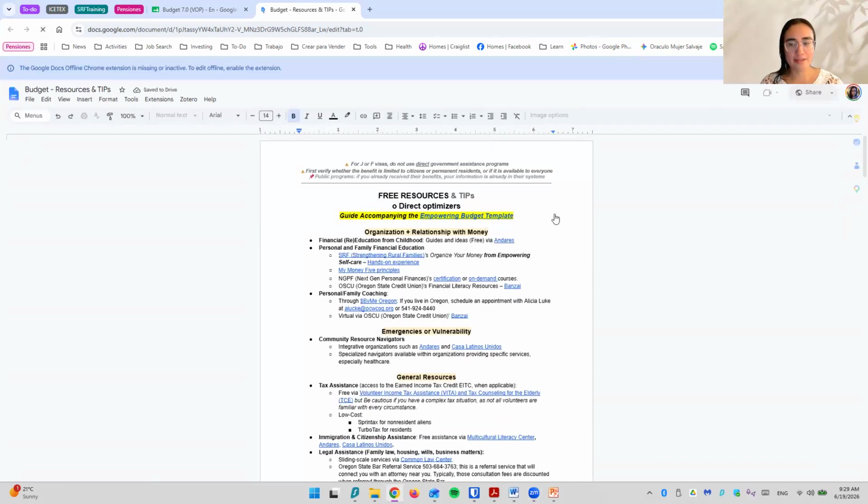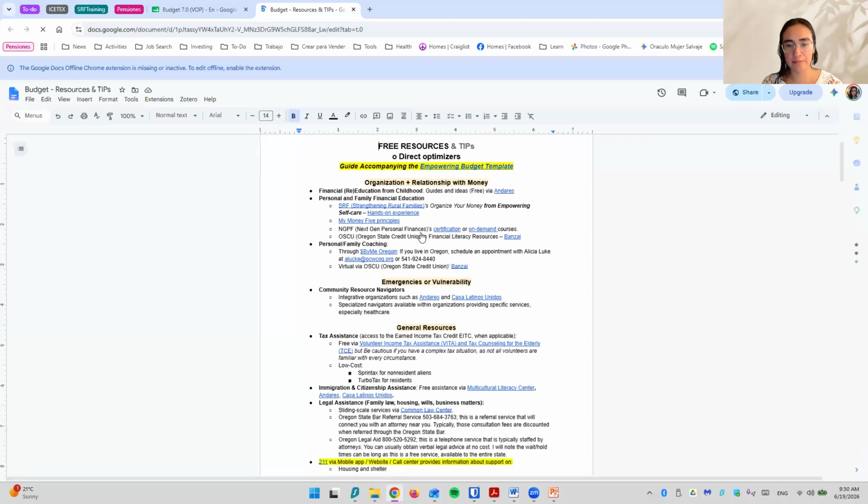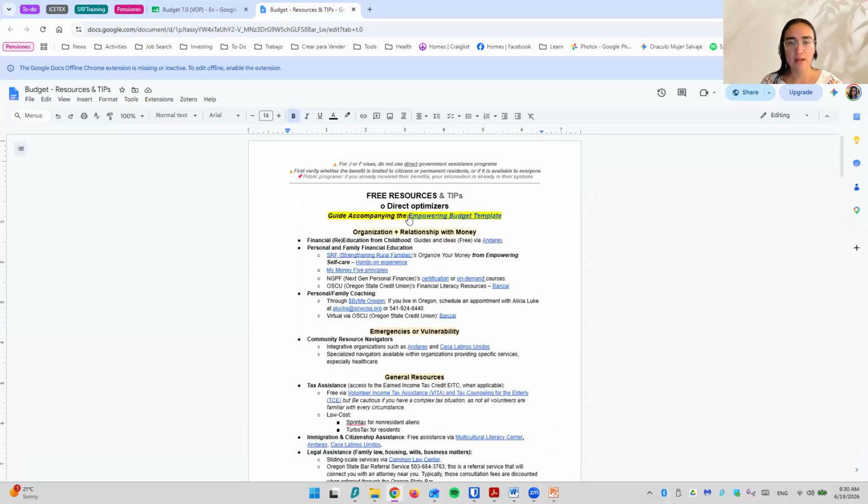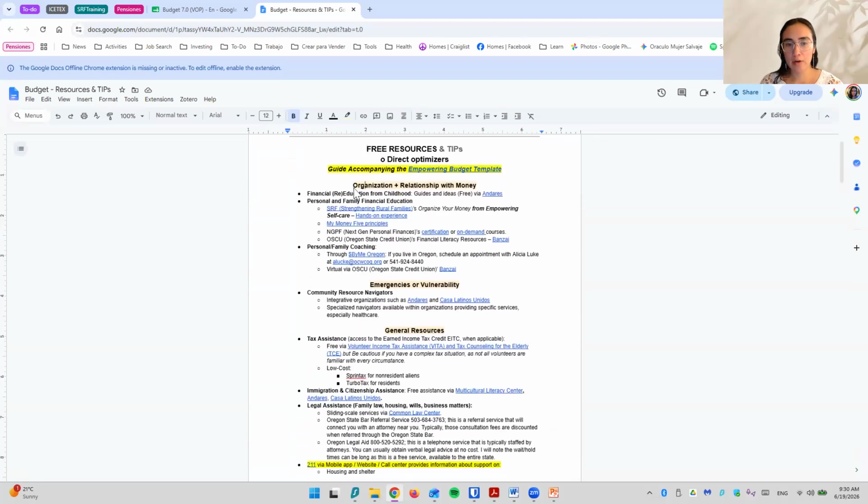So when you get in this link, you will see this document, and here I organized everything by topics. So this is a guide that is accompanied with the Empowering Budget template, but it's independent.